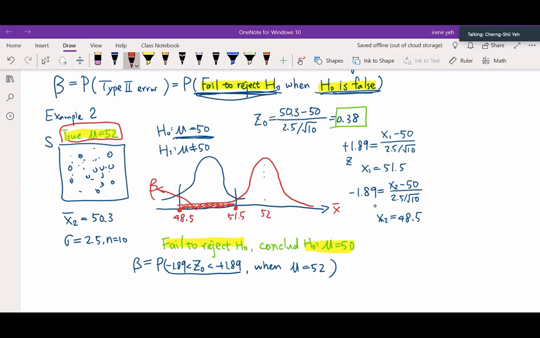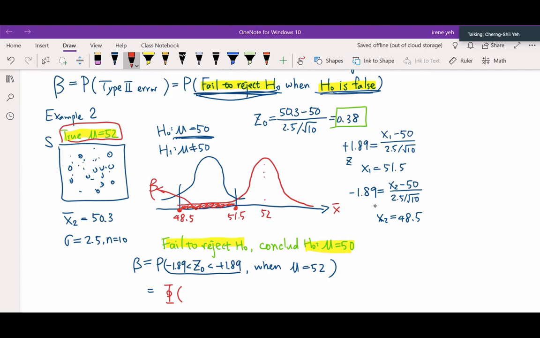Now it's a matter of deriving a probability of an area. Okay. So to derive this, I will use the cumulative probability all the way to the right. I'm going to write this in red actually. That makes more sense. Cumulative probability from negative infinity all the way to 51.5.